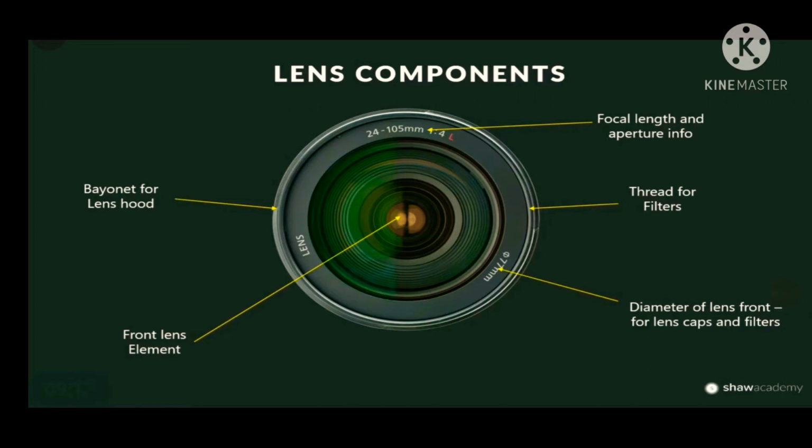This is so that when we're buying our filters and lens caps, we get the correct size. So in this case, it's 77 millimeters. That means from across, okay? From this point to this point, all the way across, no matter what point you take, it's the diameter of the front of the lens.